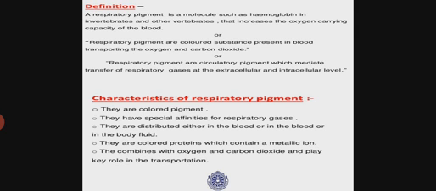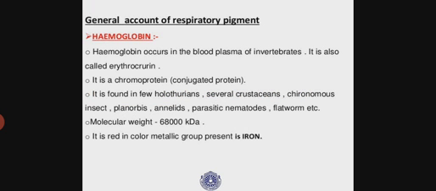And they are always colored proteins which contain a metallic ion, and they combine with oxygen and carbon dioxide and play a key role in the transportation of such respiratory gases. Now let us continue our discussion about the different respiratory pigments.